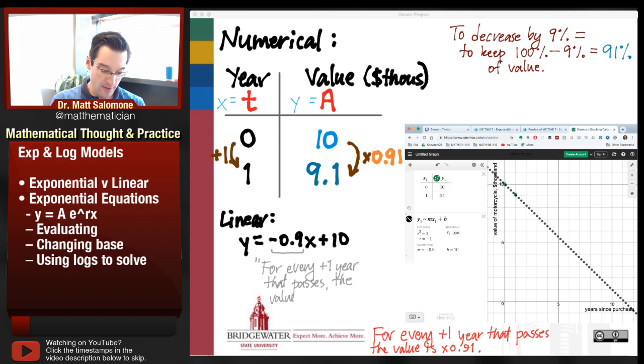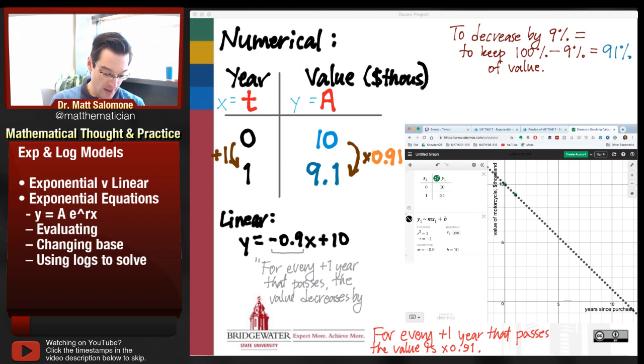The value decreases. And how much does it decrease by? Not by 10%, as we might be tempted to guess based on that slope, but this negative 0.9 is actually a number of dollars. It's a value of the y quantity, because linear functions deal in amount changes.